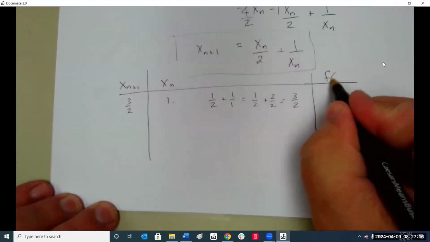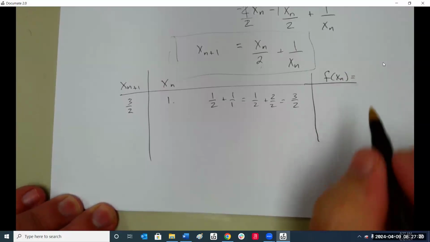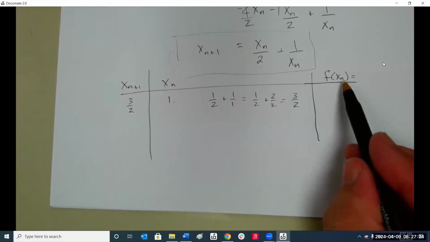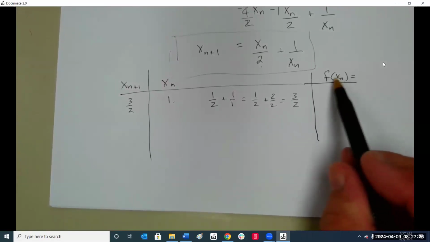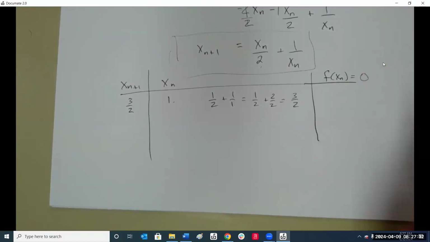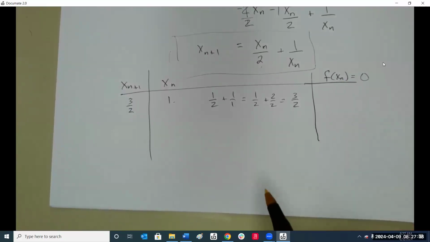What is our function at x sub n? Because what are we looking for? What value do we want from f of x sub n? We're looking at the x-intercept. We're trying to find the x value that'll give us an x-intercept.